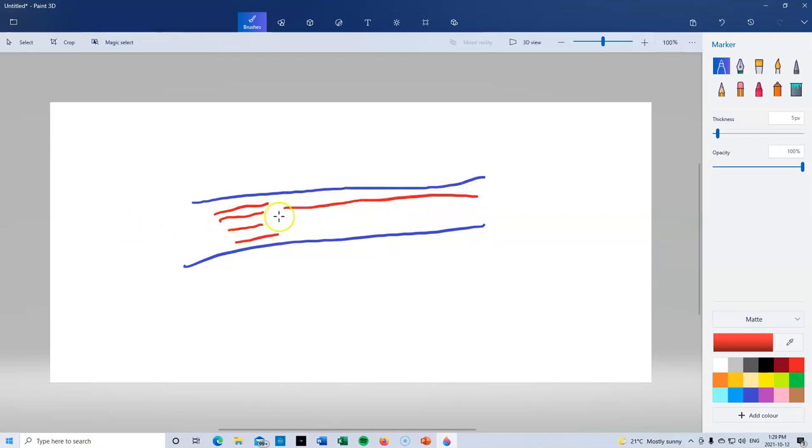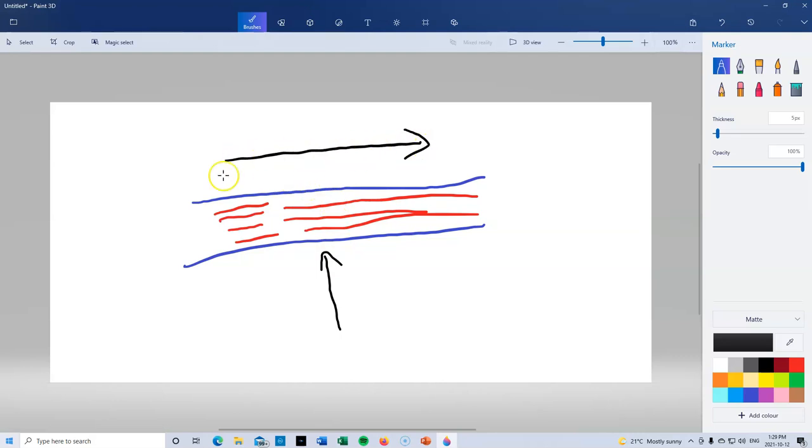They're running down the length of the tendon, and we know that the force is running in this direction. Now, this kind of tissue is really strong as long as the force is running in the same direction as the fibers. What do you think is going to happen if I apply a force in a perpendicular way? So we're nice and strong this way with force, but are we as strong if we apply force this way?